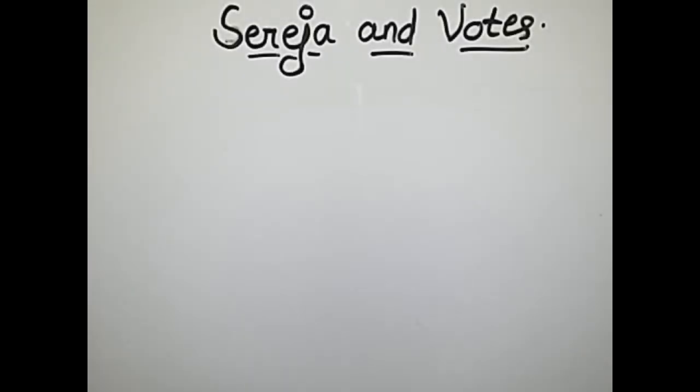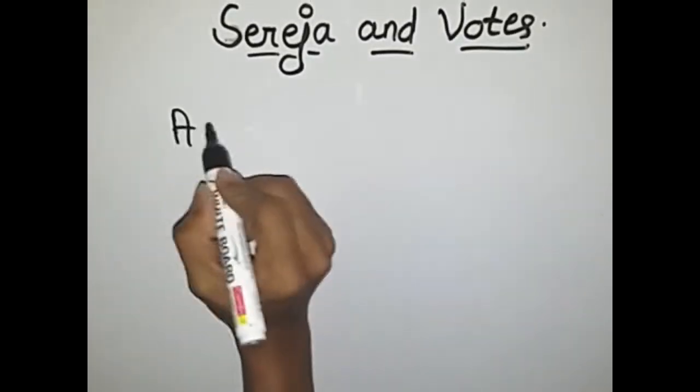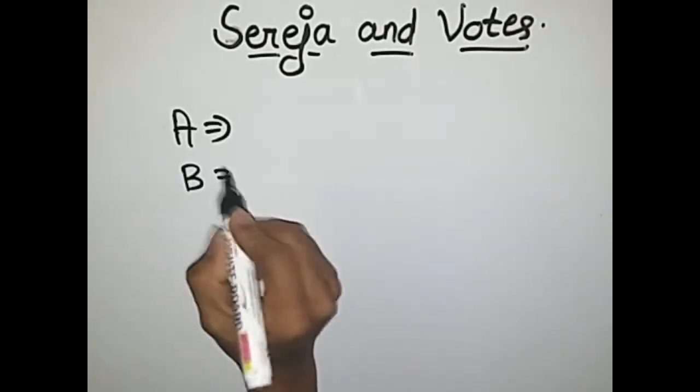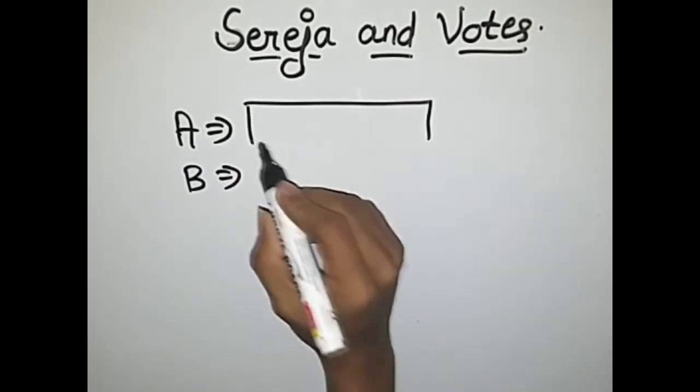So in this problem, what will be given is two arrays, array A and array B. Let's take an example.